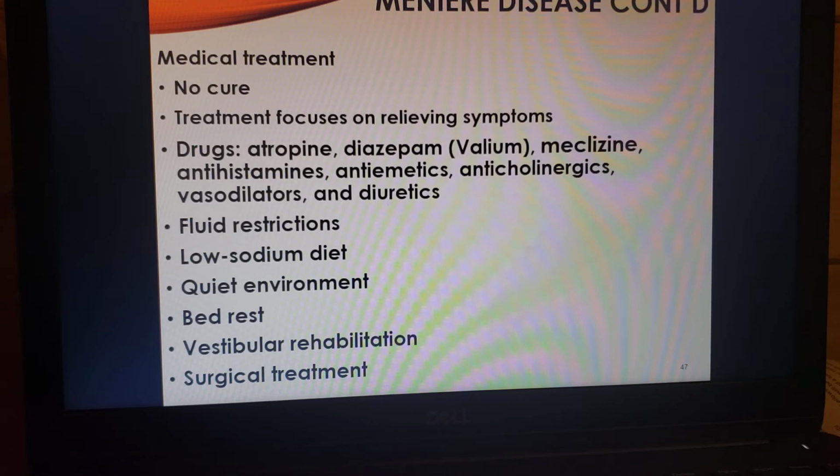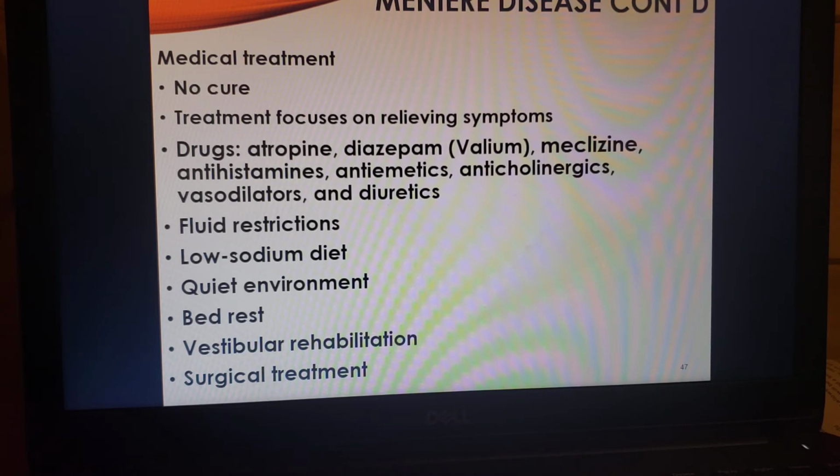Treatment: there's no cure for Meniere's disease, so we're going to treat the symptoms. So medications are important, things such as atropine, diazepam, meclizine, antihistamines, antiemetics, anticholinergics, vasodilators, and diuretics.